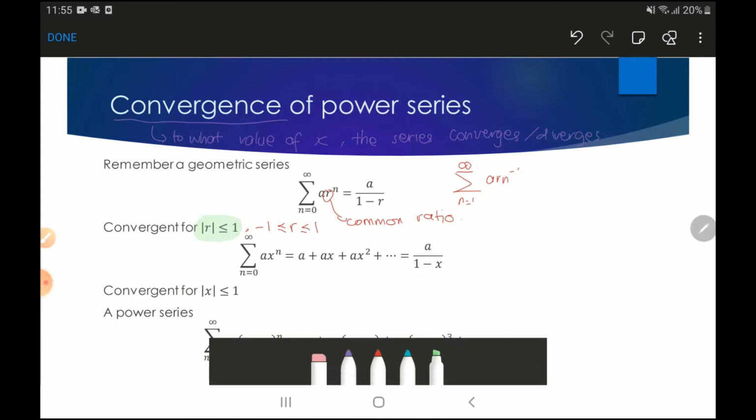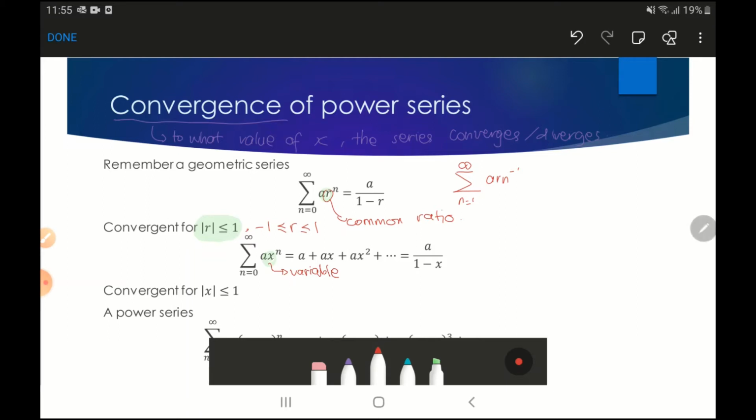So let's make it a bit different. What if I change the ratio into a variable x? I change the ratio, which is common and doesn't change, into a value of x, a variable that may change. So we don't have a fixed value, but we have a changing value, a x to the power of n.